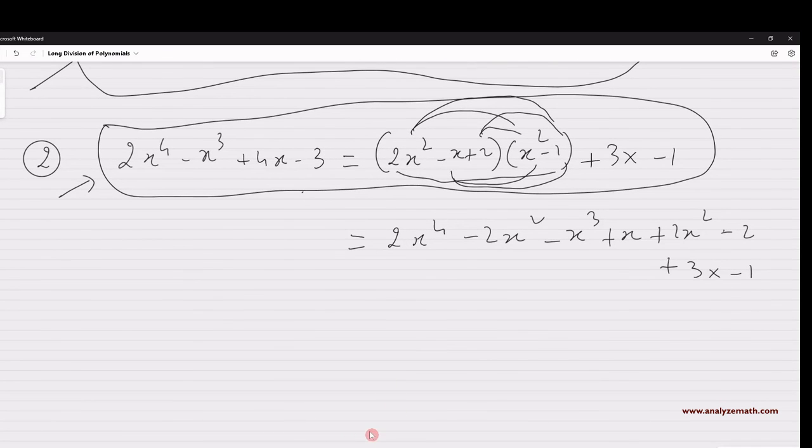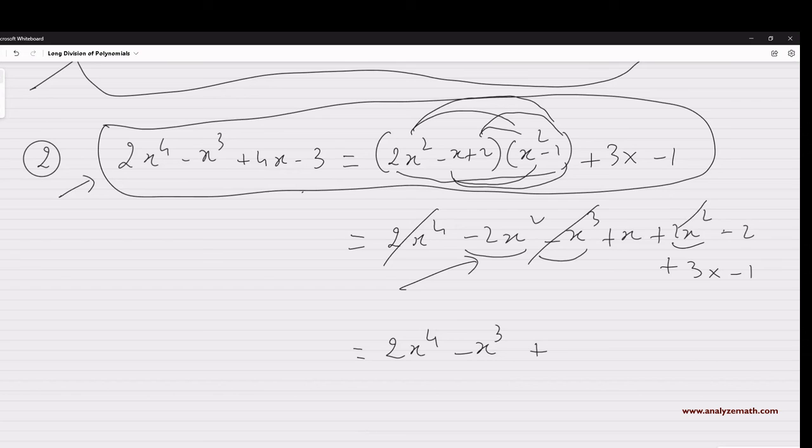Let's group the like terms on this side. Now we have 2x^4, it's the only term with x^4. We have minus x^3. I'm writing the polynomial in standard form. Now I have minus 2x^2 plus 2x^2, that's 0x^2.